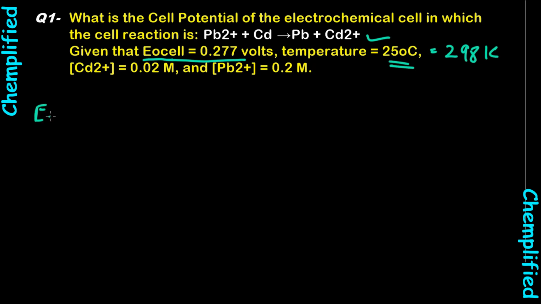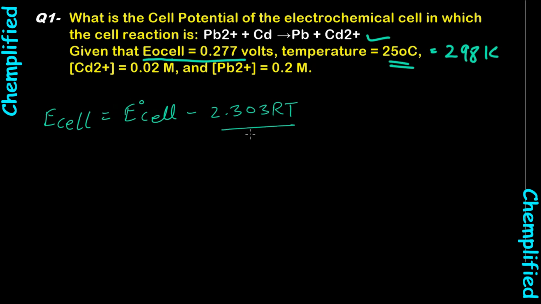First you have to write the Nernst equation. E cell is equal to E naught cell minus 2.303 RT by nF log product concentration upon reactant concentration.